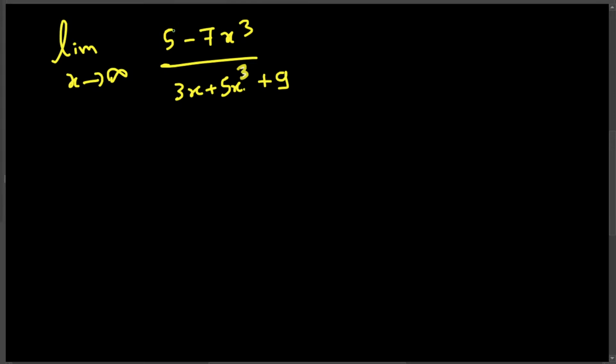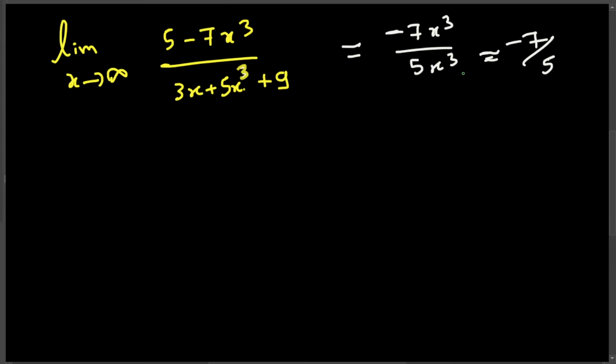So this 5 is insignificant. And in the denominator, we have 5x cubed, so again the highest power is 3. So this 3x and 9 are insignificant. So we will get negative 7x cubed divided by 5x cubed, and that's going to give us negative 7 over 5. That's going to be the approximate answer.